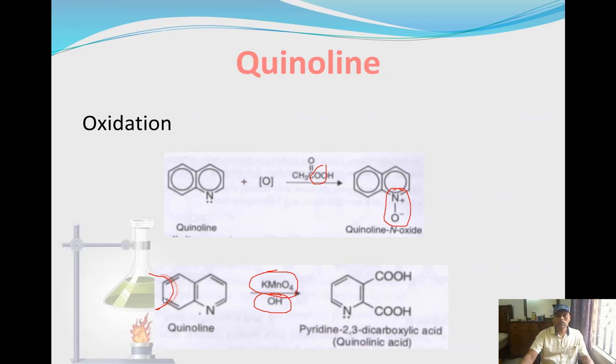The benzene ring opens, and the pyridine ring remains intact with the 2 carboxylic acids at positions 2 and 3. So the product is pyridine-2,3-dicarboxylic acid. It is also called quinolinic acid.